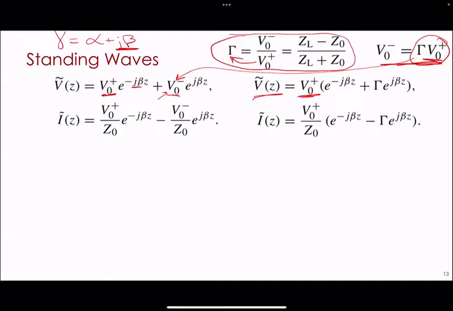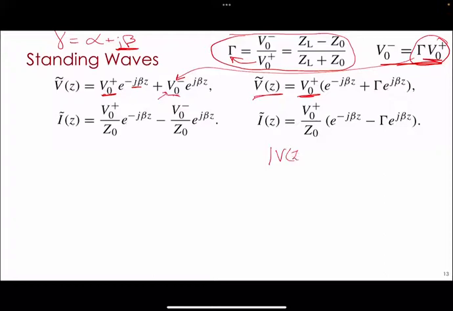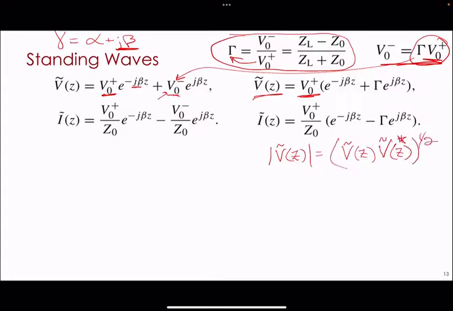Another way that's also fundamental and equivalent: if we want the magnitude of V at z, you can take V at z and multiply it by V at z complex conjugate, and take the square root of it.